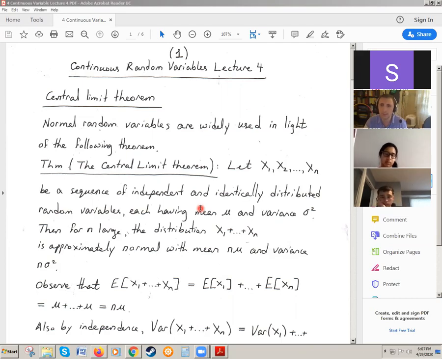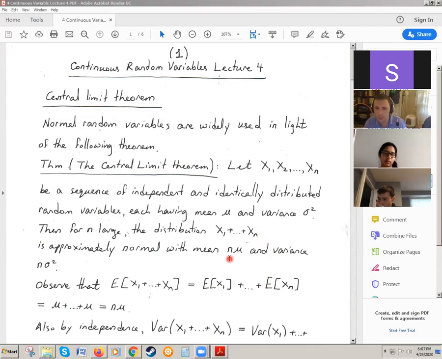Then if n is large, if you have a large sample, no matter what the original distribution of the random variables x1, x2, x3 is, the summation of those random variables will be well approximated by a normal distribution, okay? And that's what this theorem is saying.